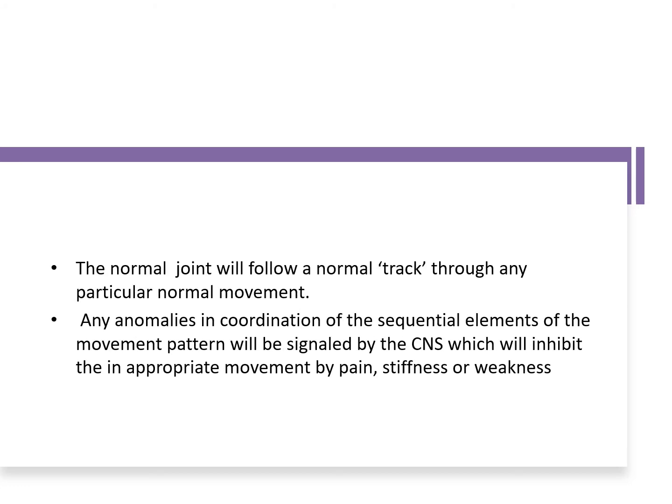The normal joint will follow a normal track, we all know that, through any particular normal movement. Any anomalies in coordination of the sequential elements of the movement pattern will be signaled by the CNS, which will inhibit the inappropriate movement by pain, stiffness or weakness. So if there is malalignment or positional fault, the CNS will send signals to stop that uncoordinated movement, thereby causing pain, stiffness or weakness.